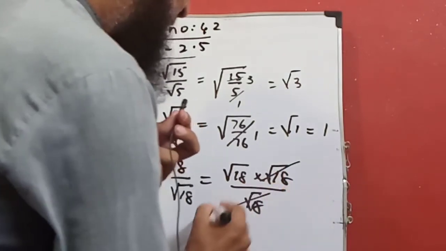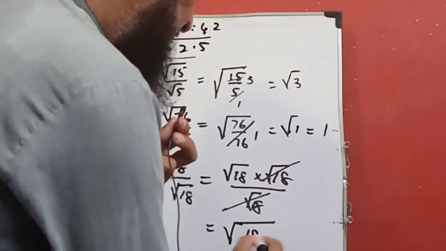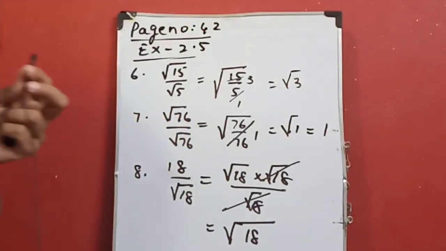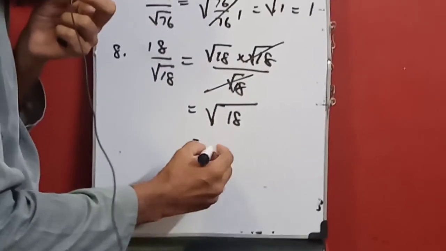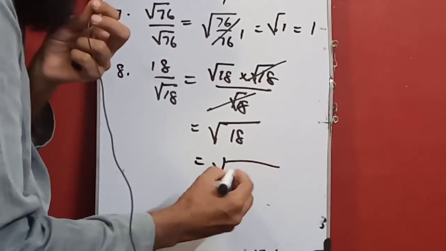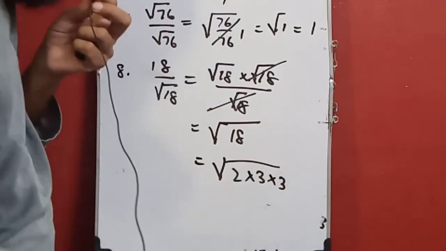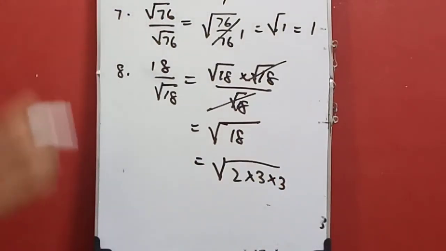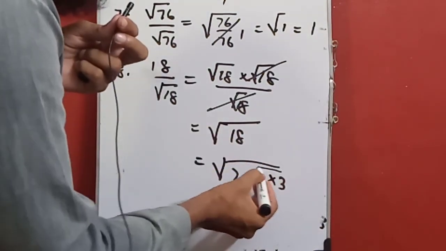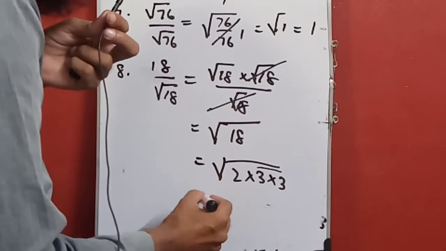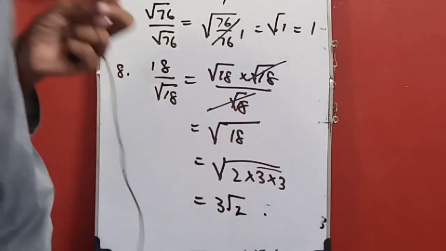The remaining is under root 18. Now we make the factors of 18. It comes as 2 3s are 6, 3s are 18. When we made the factors, we obtained a pair of 3. It comes outside the radical sign. 3 root 2 is the answer.